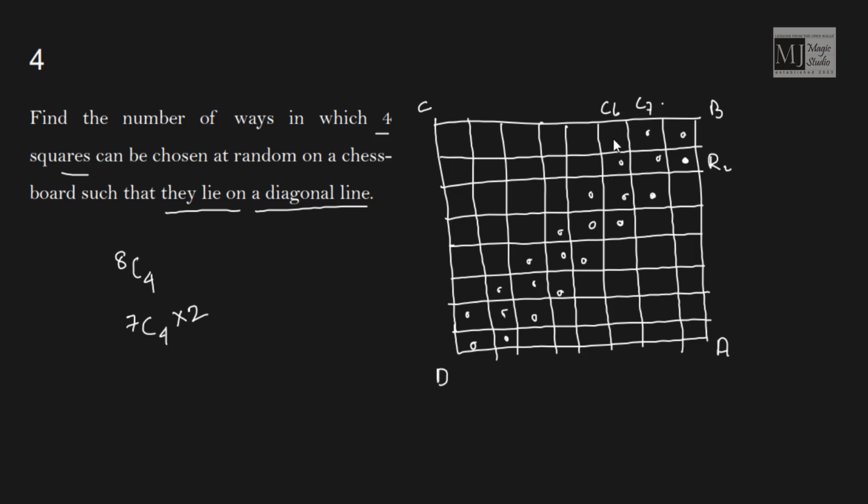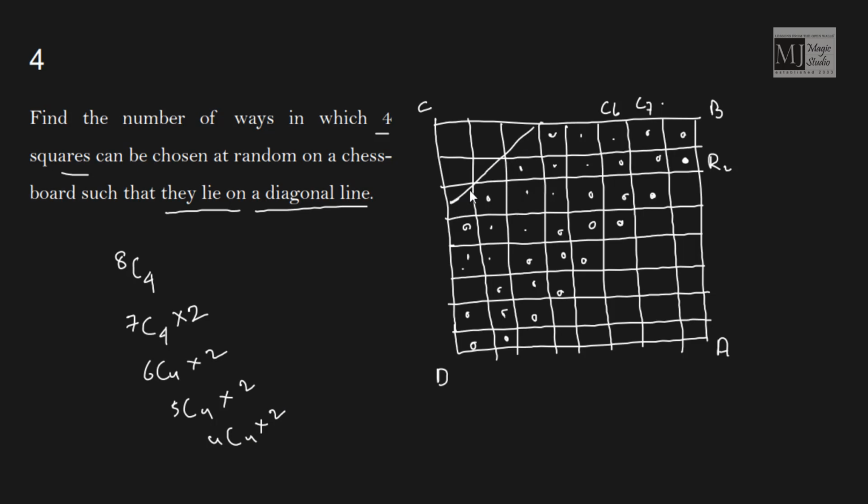Now we look at C6. We have 1, 2, 3, 4, 5, 6. So it would be 6C4 into 2. Now we look here. 1, 2, 3, 4, 5. Should be 5C4 into 2. 1, 2, 3, 4. It should be 4C4 into 2.